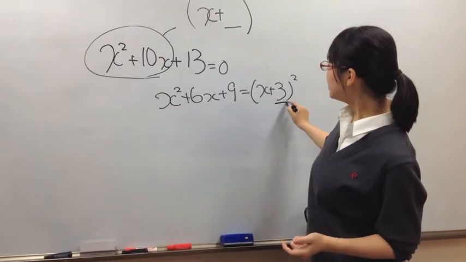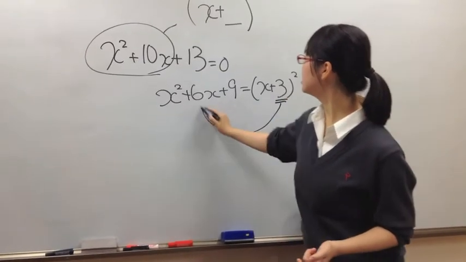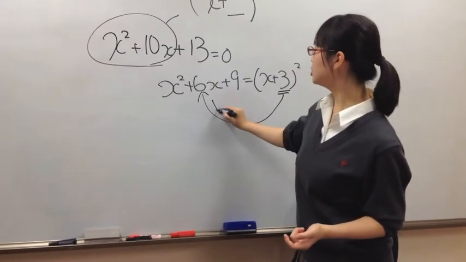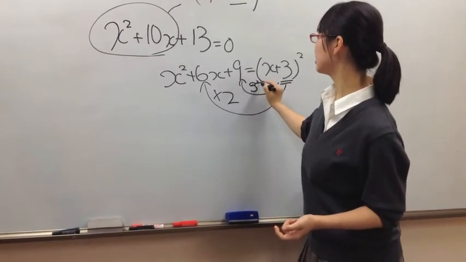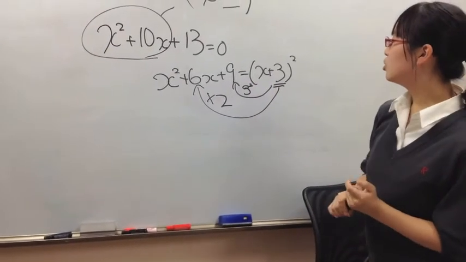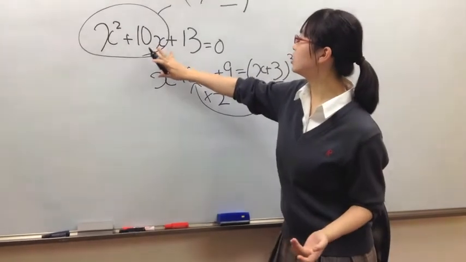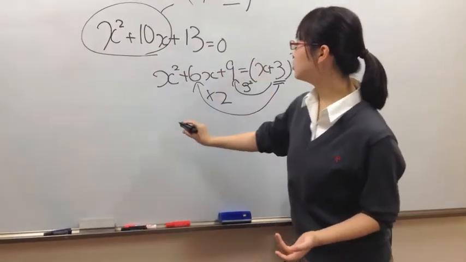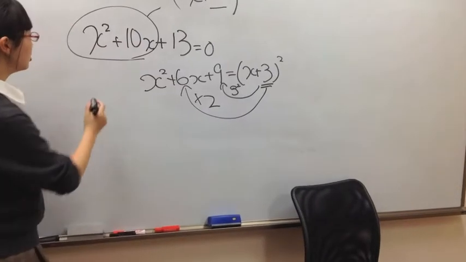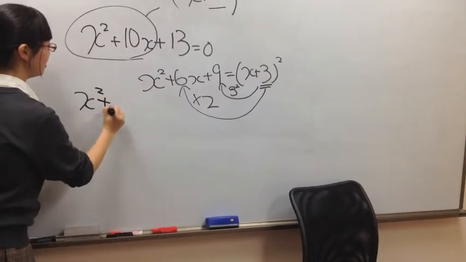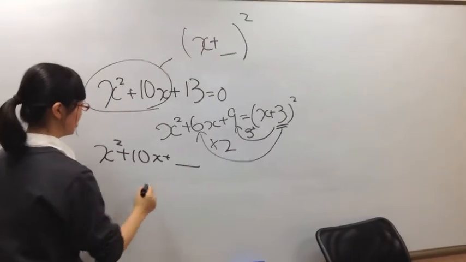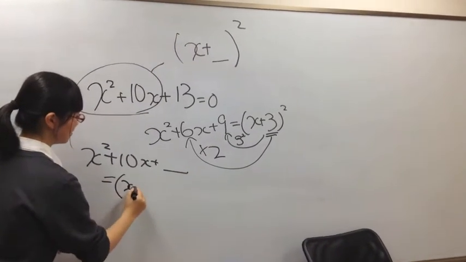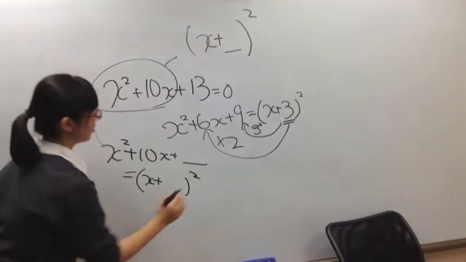As you can see, the 3 here is times 2, and this is 3 squared. So it's going to be x squared plus 10x plus something, which is going to be x plus something squared.